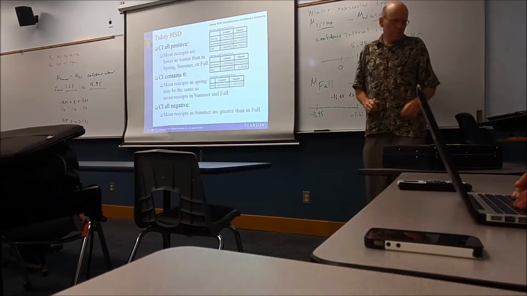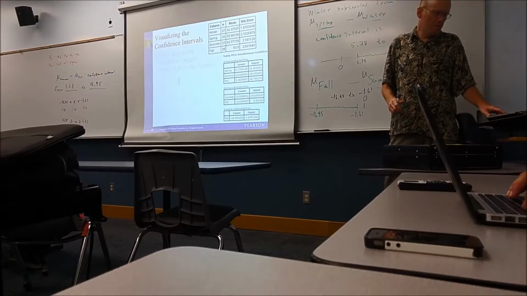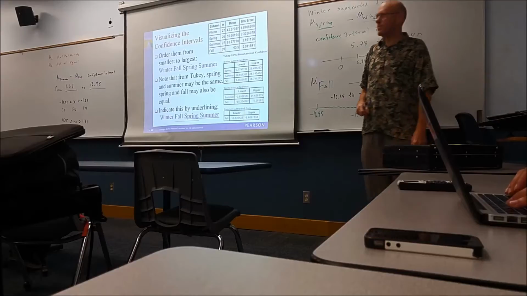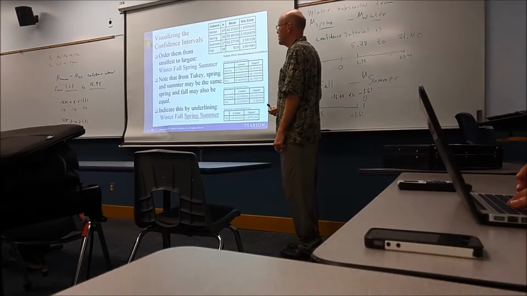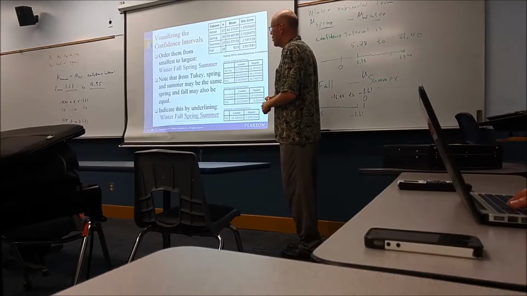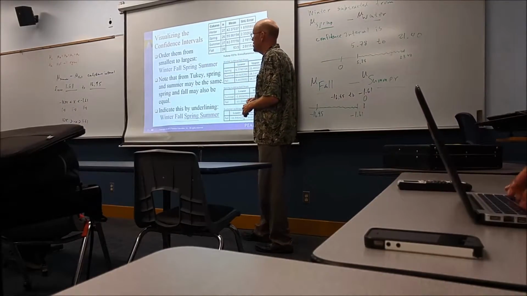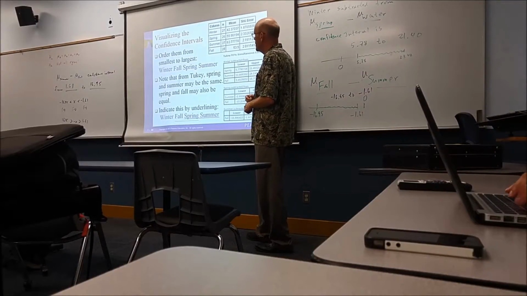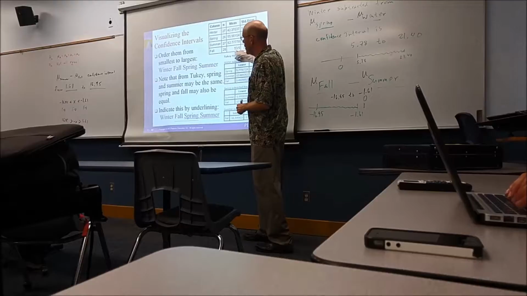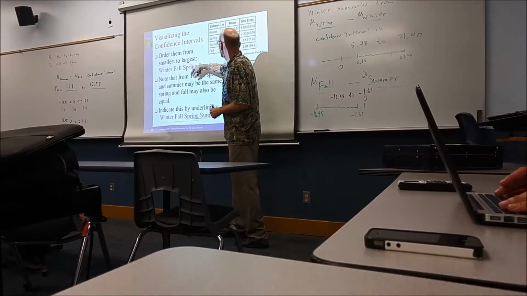Okay, now, here's what you do to visualize the confidence interval. Here's what the textbook wants you to do. Okay, so you order them from smallest to largest. Okay, from the smallest mean to the largest mean. And so this is the smallest, winter, and then the second smallest is fall. So winter, then fall, then spring and summer.